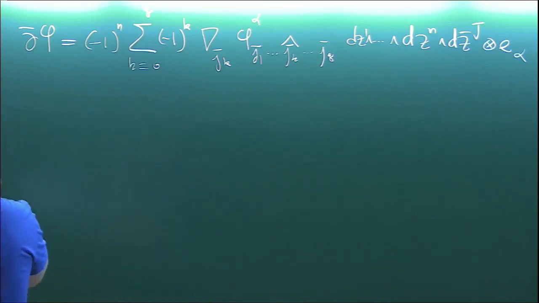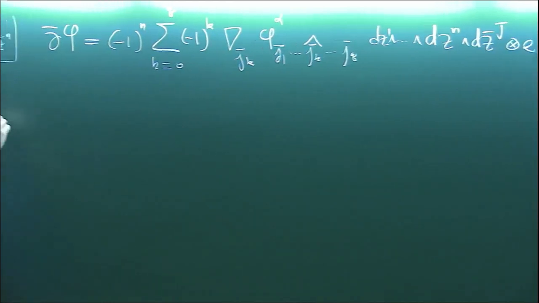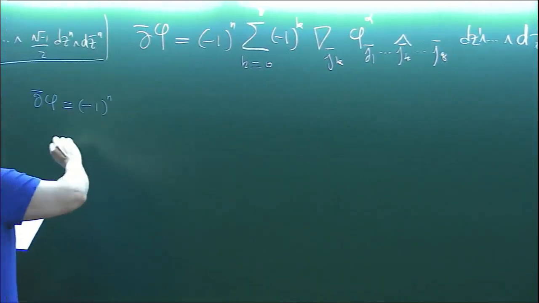So let me try to convince you that this is the formula. So last time our formula was d bar of phi was minus 1 to the n. So this is the proof.